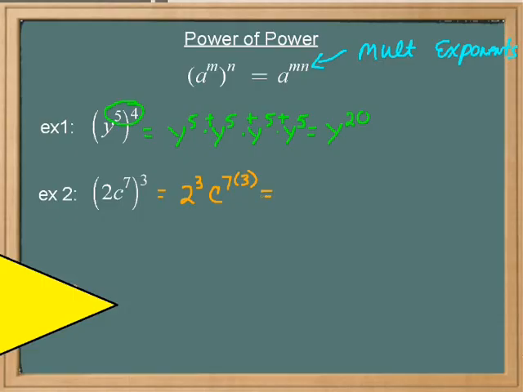What would that equal? It's real tempting for students to say, oh, that's easy, 6c to the 21st. Not so easy and not so fast, because it's not 6. This 2 to the 3rd really means 2 times 2 times 2. So the answer here is 8c to the 21st. And that is the answer.